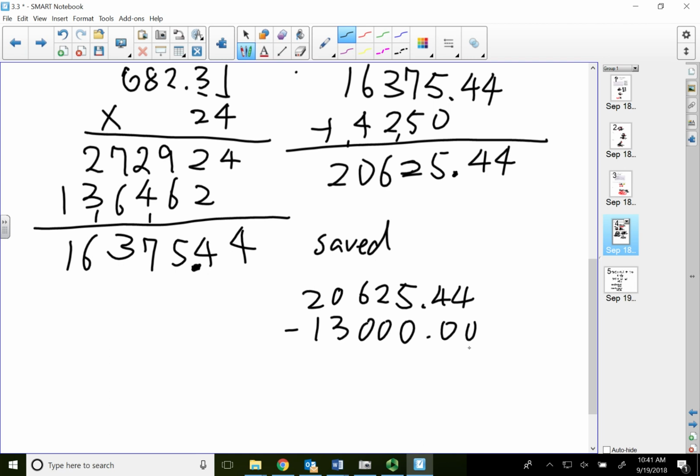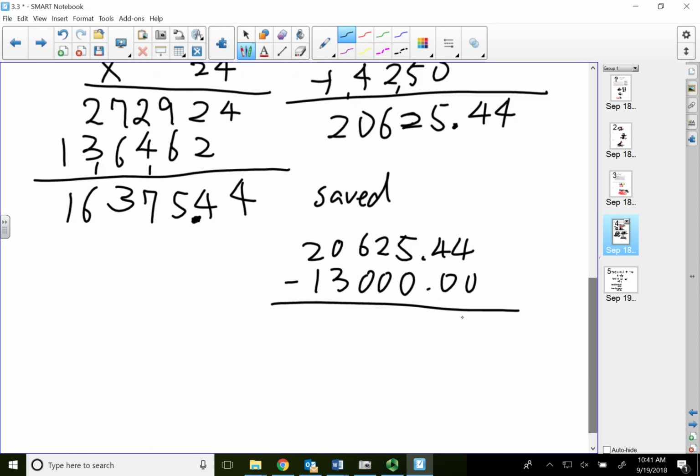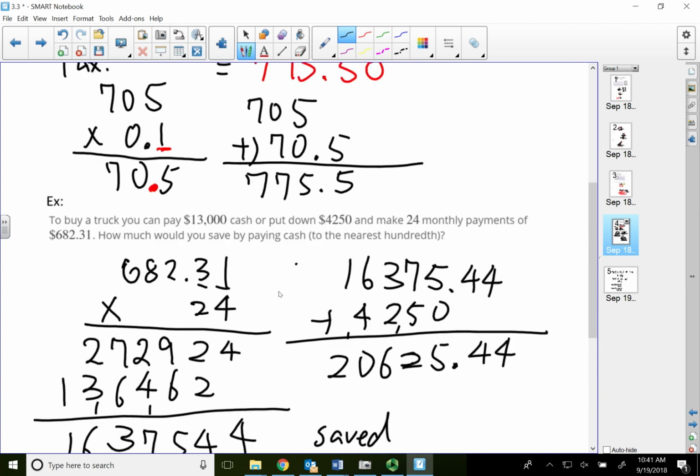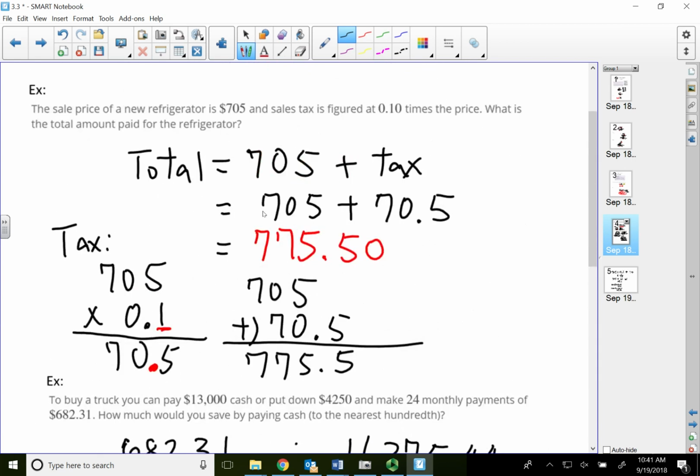I'm going to write 0.00 behind it so I can see. 4 subtract 0 both times is 44. 5 to 6. 0 cannot subtract, so borrow 10. That's 7. So I end up saving $7,625.44.